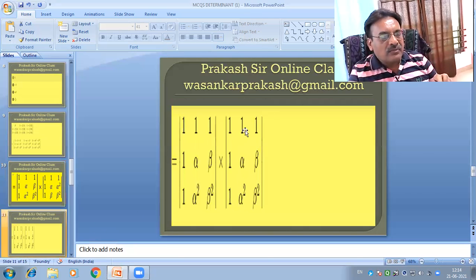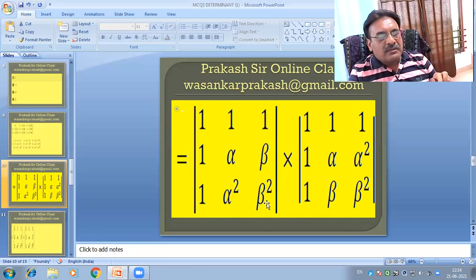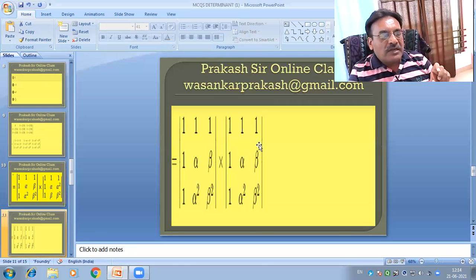And here the third row 1 beta beta square interchanged to the third column, so right here 1 beta beta square.